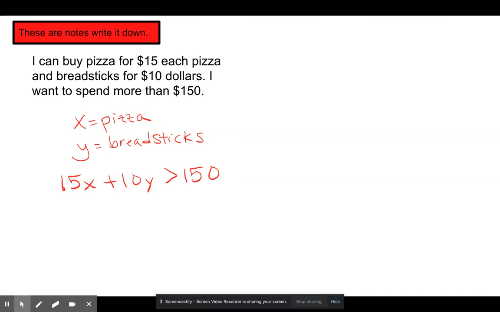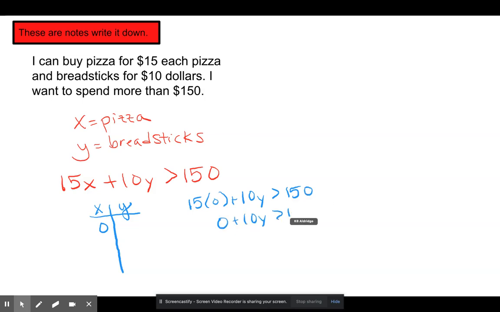So you can always graph these out by finding points that will work. As we know, we can create a table. This is an easy way of doing it. So when x is 0, what happens? 15 times 0 plus 10y greater than 150. 0 plus 10y is greater than 150. 10y is greater than 150. Oh yeah, y can be greater than 15.